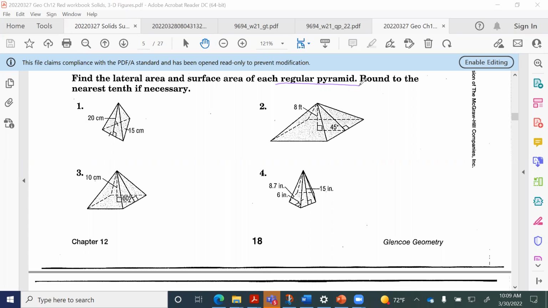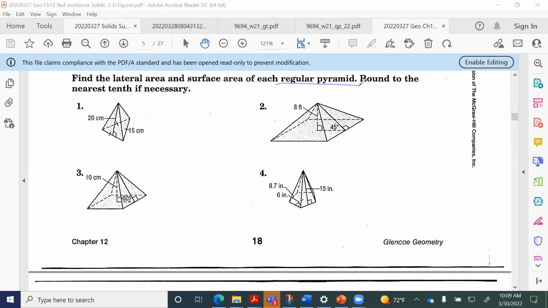Now, what sides? Because can a pyramid be a regular polygon? There's only one such pyramid that could be a regular polygon, and that's a very specific triangular pyramid called a tetrahedron. None of these are tetrahedrons. So what does that mean by saying regular pyramid?